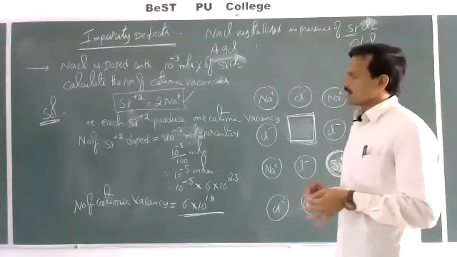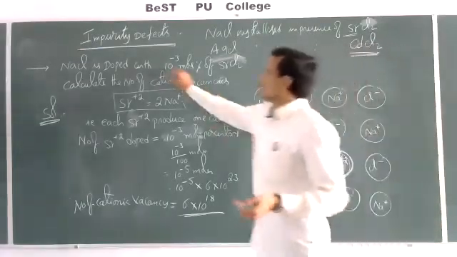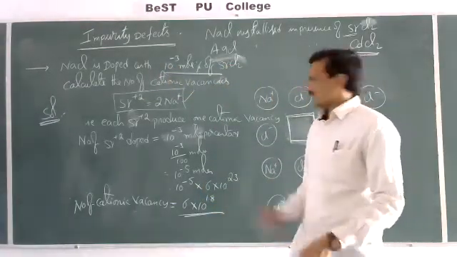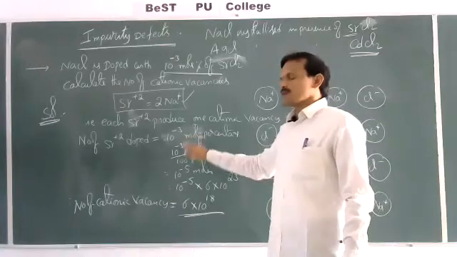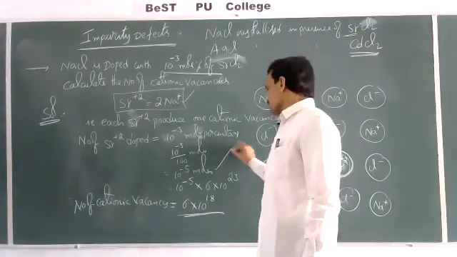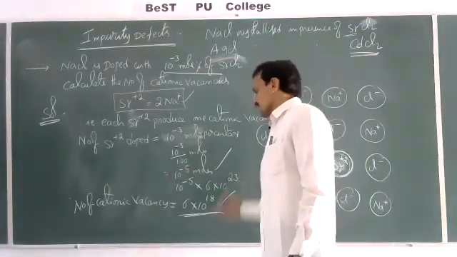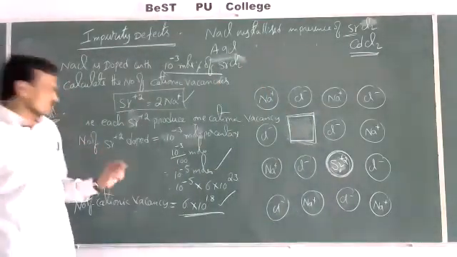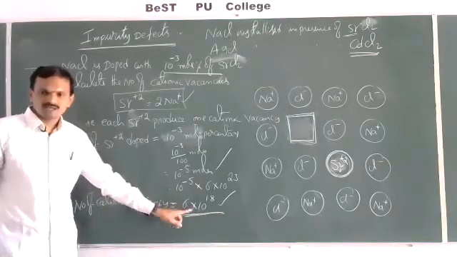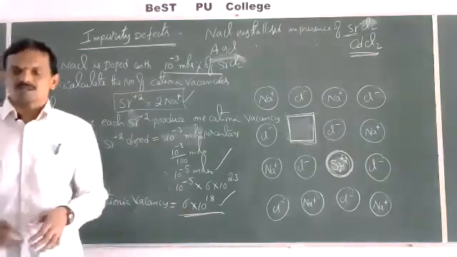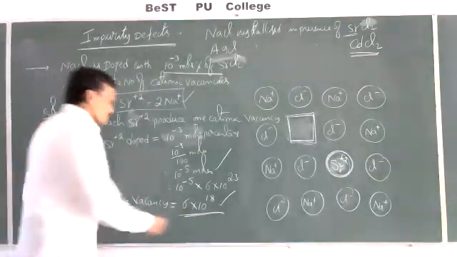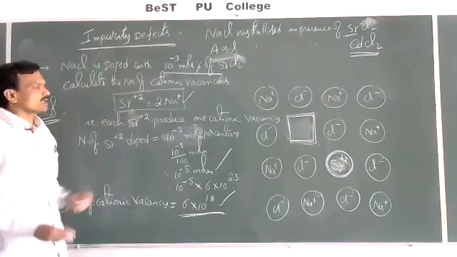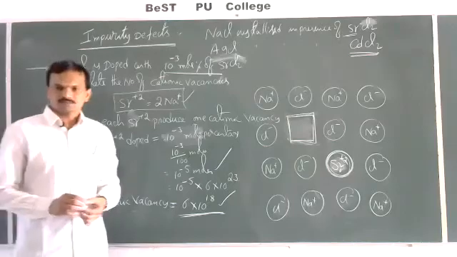Now let us see how many strontium ions are doped here. 10 power minus 3 mole percent means 10 power minus 3 by 100, which is 10 power minus 5 moles. That is equal to 6 into 10 to the power of 18. So the number of strontium ions doped is equal to 6 into 10 power 18. Hence the number of cationic vacancies is the same, 6 into 10 power 18. So this is regarding impurity defects.